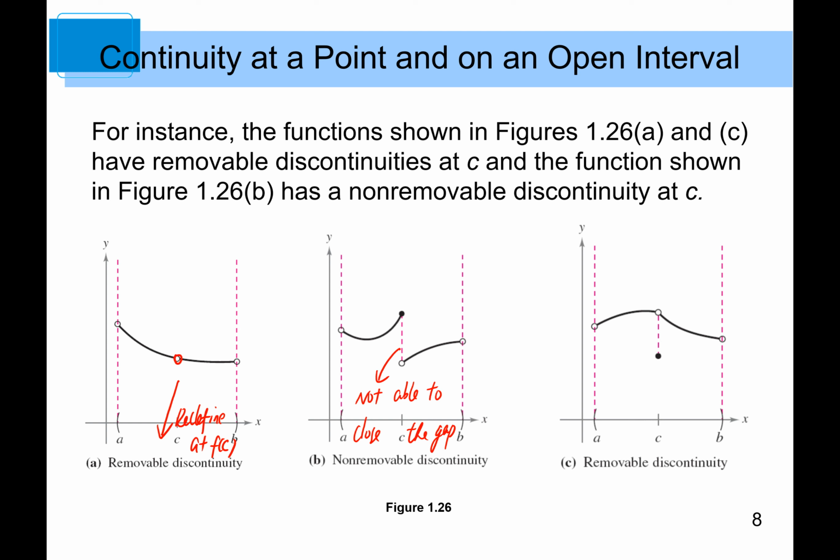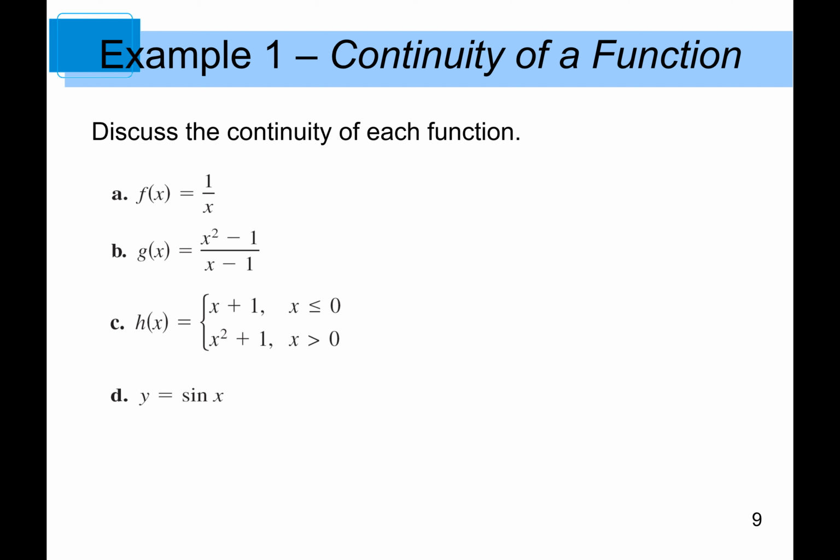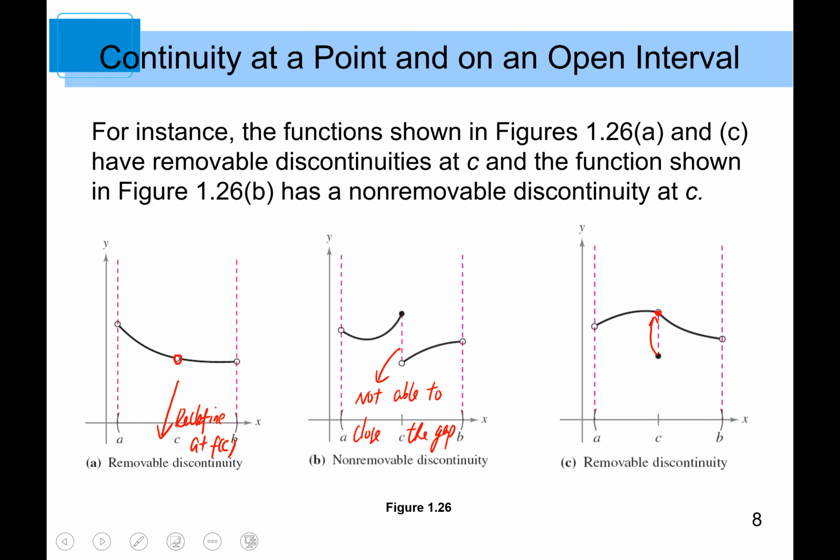The third one is a removable discontinuity, because we can remove this point and fill the hole, right? In that case, we redefine the point. Okay. So those are three popular discontinuities with different treatment.